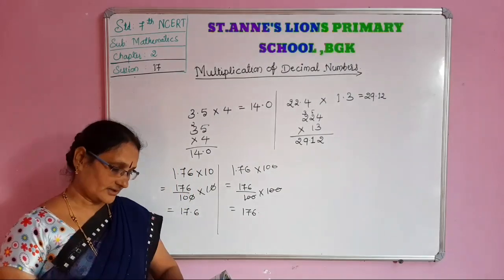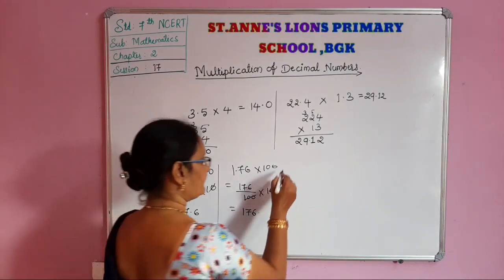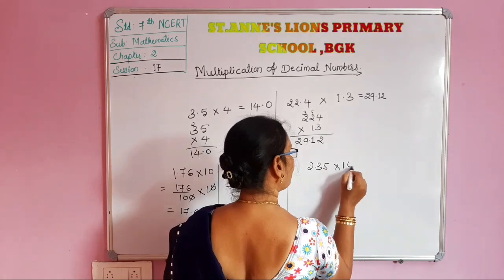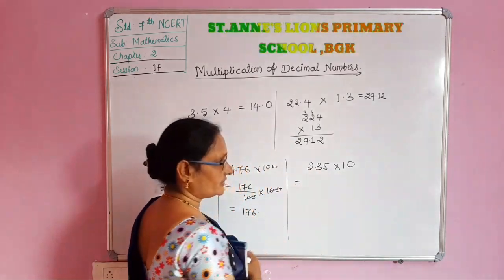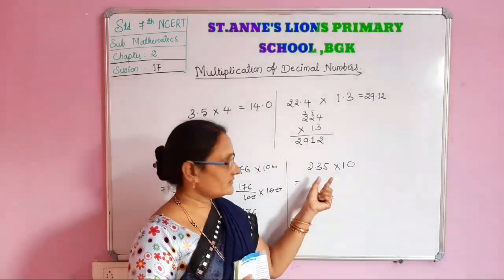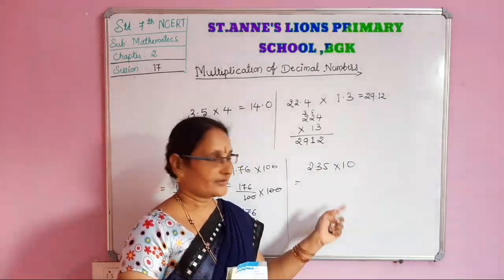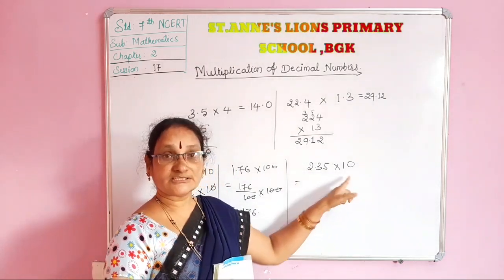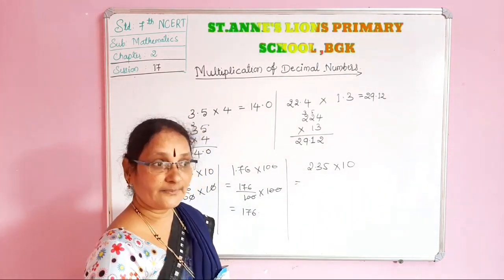One more example I will take. See now, 2.35 into 10. Without any multiplication you can say, 2.35 will become 23.5. The point will move one place. Why one place? Here 10 is there. 100 means two places.